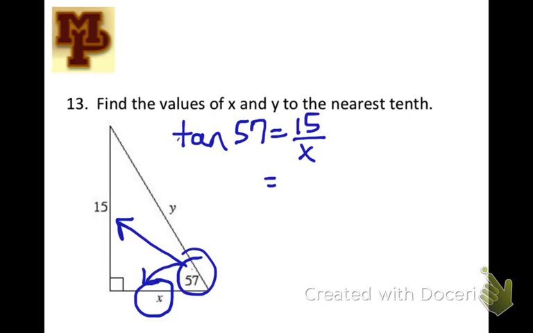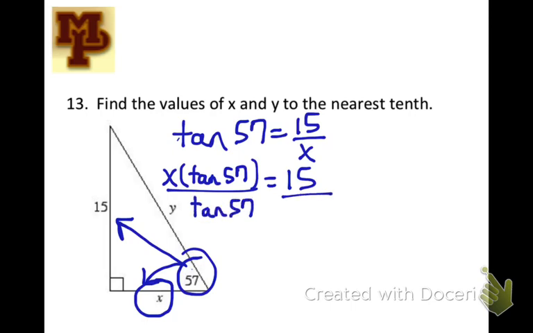I multiply by x first, so x tangent 57 is equal to 15. And then I divide by tangent 57 to solve for x. So x is approximately 15 divided by tangent of 57. I can grab my calculator, so 9.7.